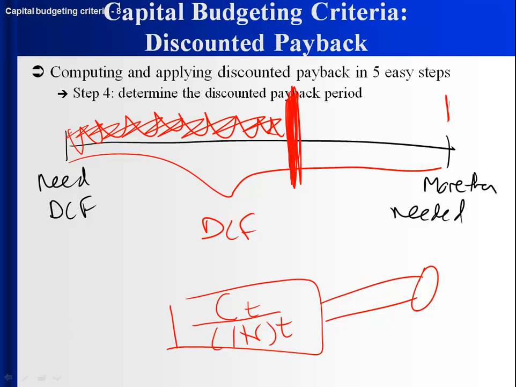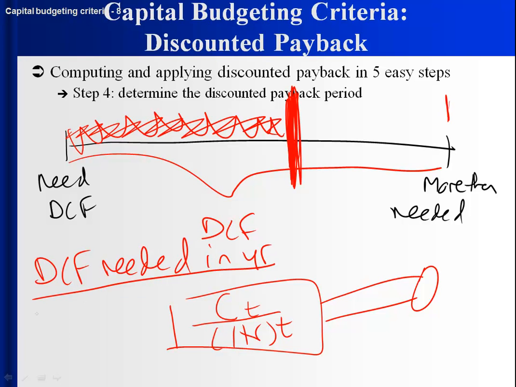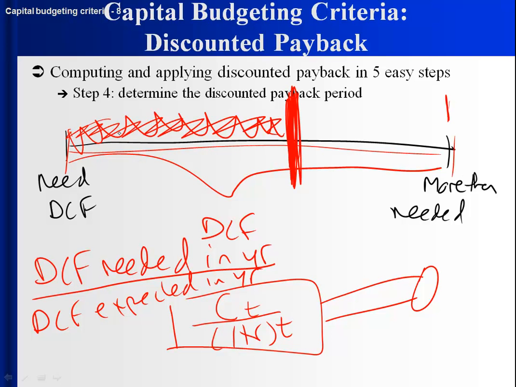And so what it is, is the DCF needed in year over the DCF expected in year. And again, expected in year is the bottom, which is the total. And then the top part is how much we need to get to hit discounted payback.